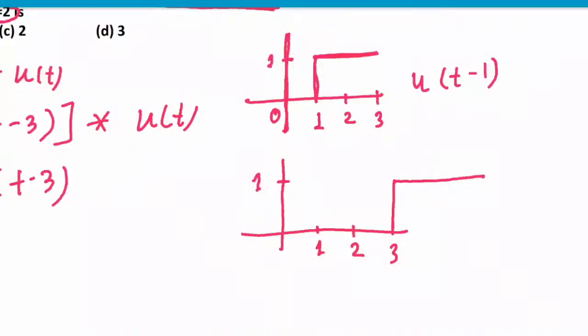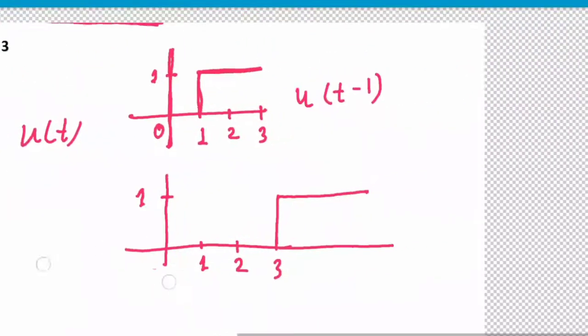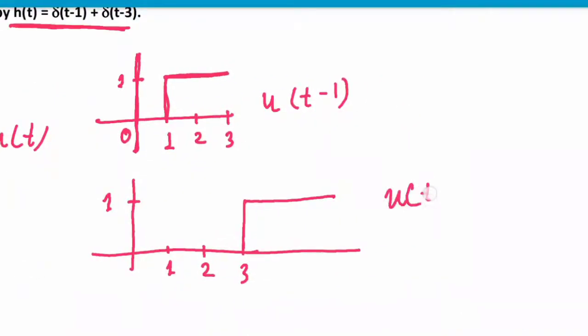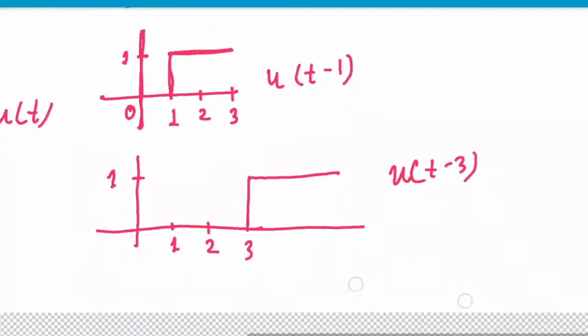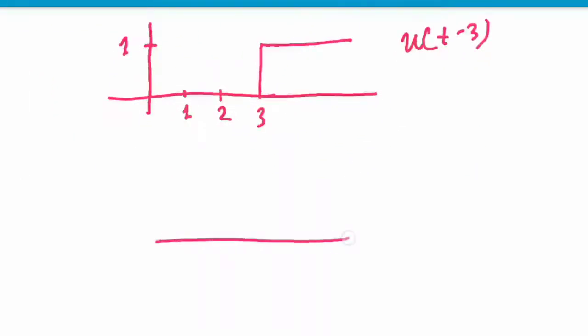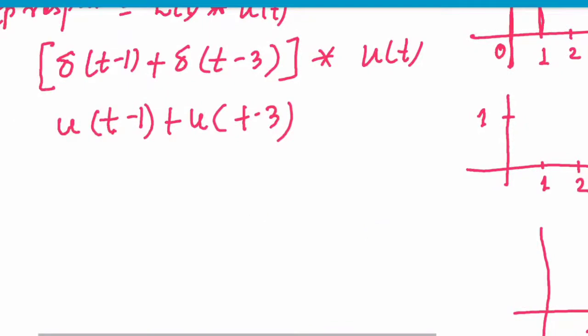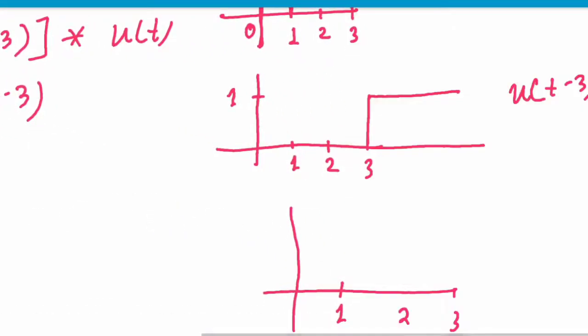So this one is u of t minus 3, and when both are added, what will be the value? The value will be like this, 1 here, 2 here, 3. So u of t minus 1 means this one, and u of t minus 3 means this one.